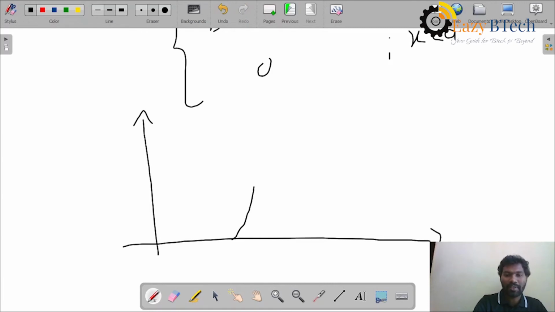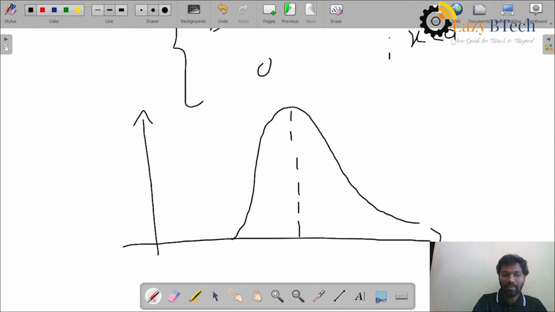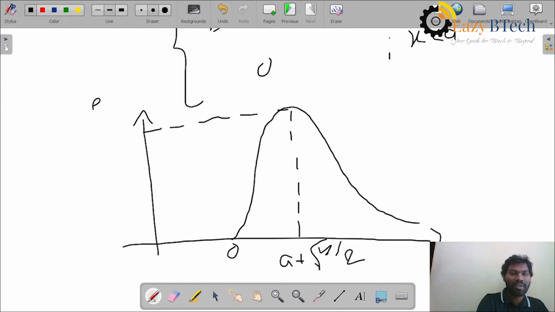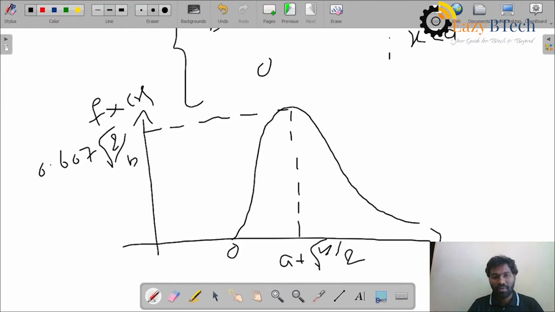If you plot this, it is like this, and it has a maximum value at x equal to a plus root b by 2. At x equal to a plus root b by 2, its value is 0.607 root over 2 by b.